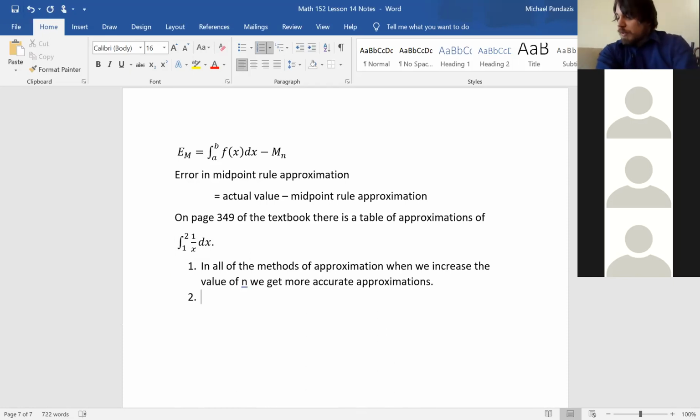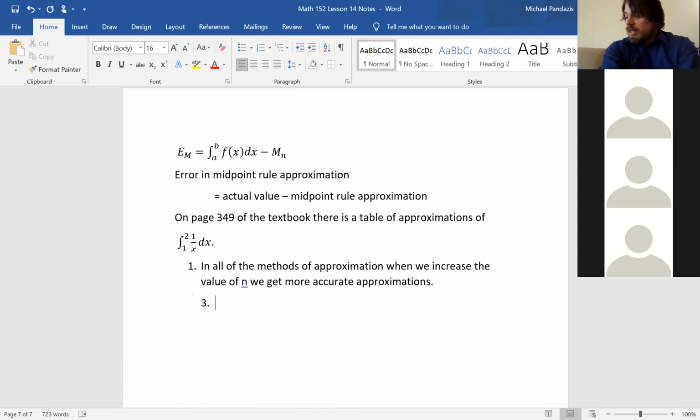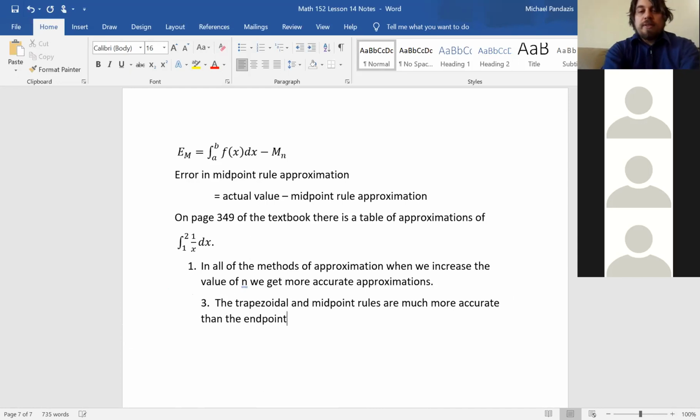Okay, so this is the third thing in the book: the trapezoidal and midpoint rules are much more accurate than the endpoint approximations.